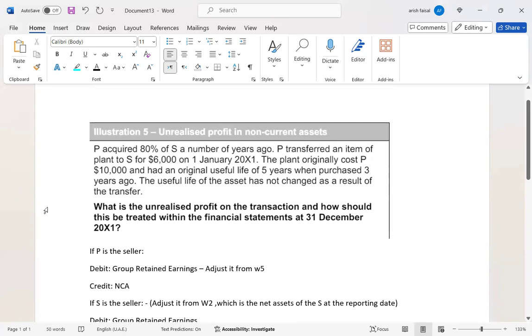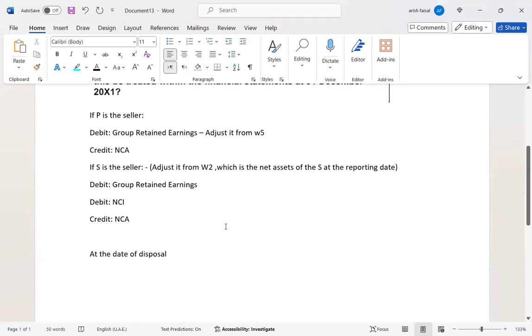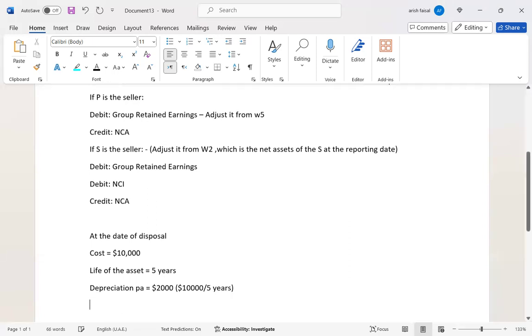The plant originally cost the parent 10,000 and had an original useful life of 5 years when purchased 3 years ago. So basically, at the date of disposal, the cost of this asset is 10,000 and the life of the asset is five useful years. So the depreciation charged per annum will be 10,000 divided by 5 years, which is 2,000.